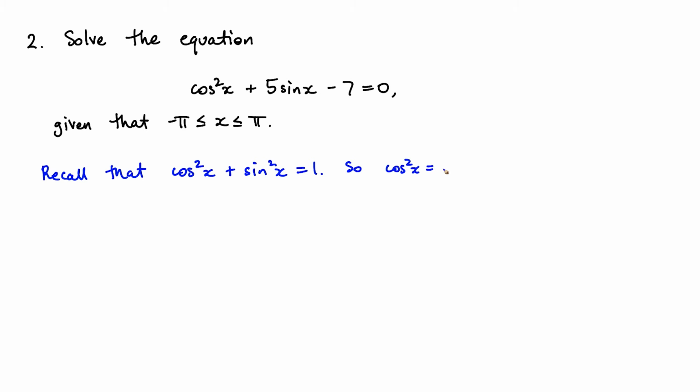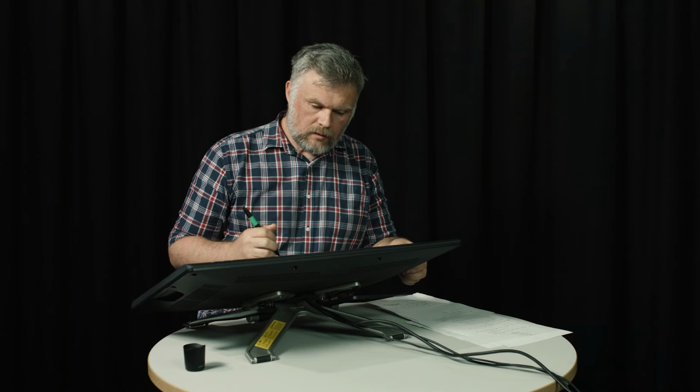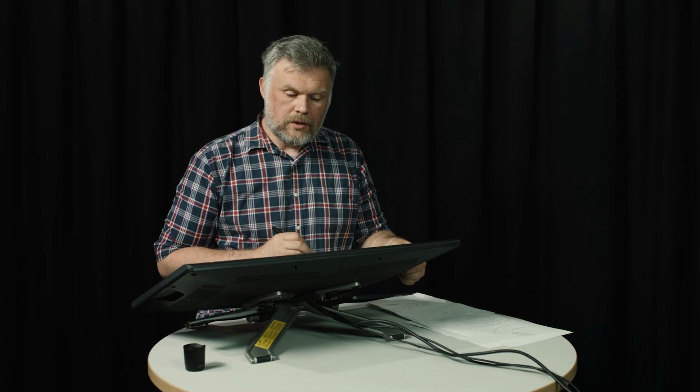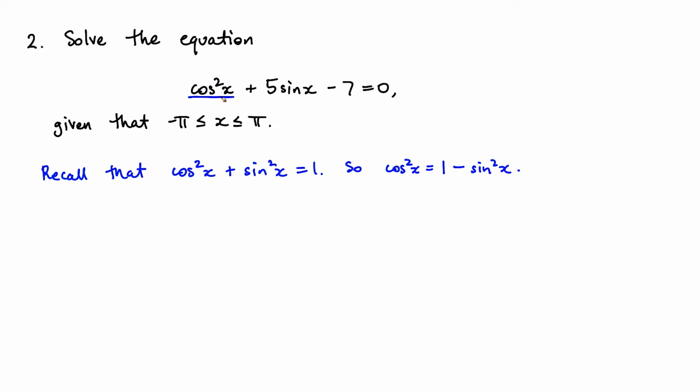Now, if we just rewrite this trig identity in terms of cosine squared, we obviously get cosine squared x is 1 minus sine squared x. We're just taking that sine squared term to the right-hand side. And so now, in my original equation, I'm going to replace this term with 1 minus sine squared x. Rearrange, and we'll get something looking more like a normal quadratic.